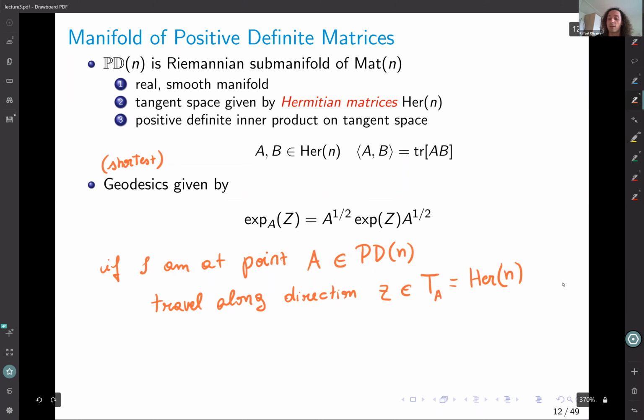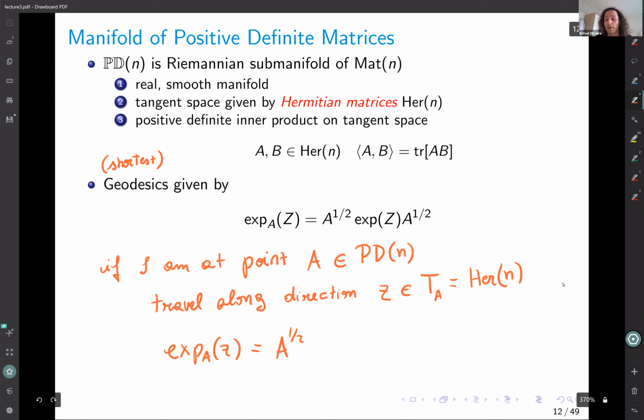So Z is a Hermitian matrix. Then what is the element that I'm going to obtain? I'm going to obtain exactly the element exp_A(Z), which is simply A^(1/2), right?